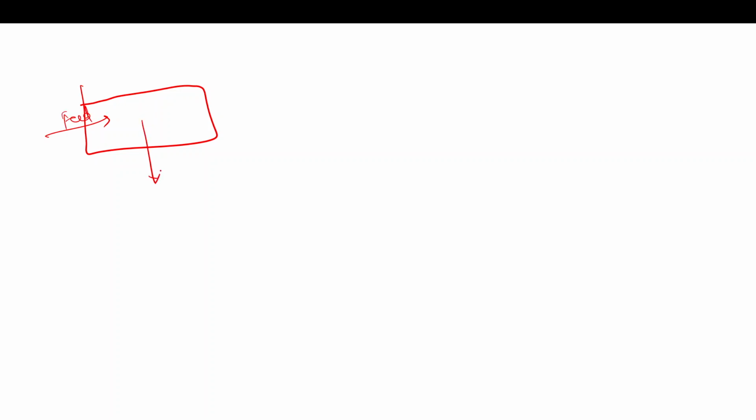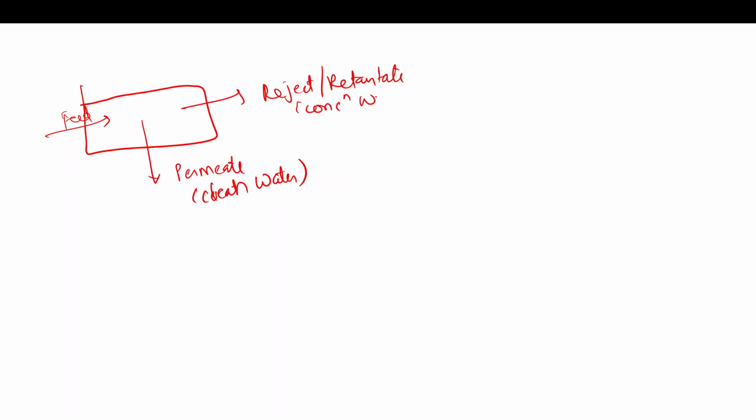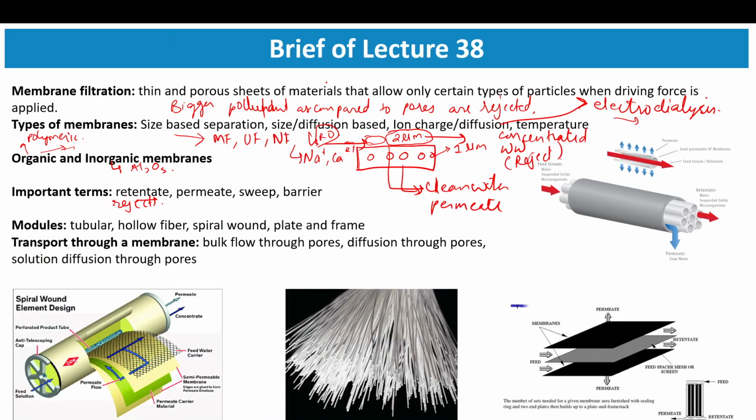There will be some amount of water which will pass through the membrane, which is permeate or clean water, and this is the reject or retentate, which is concentrated water. So this needs to be taken care of before you discard it.